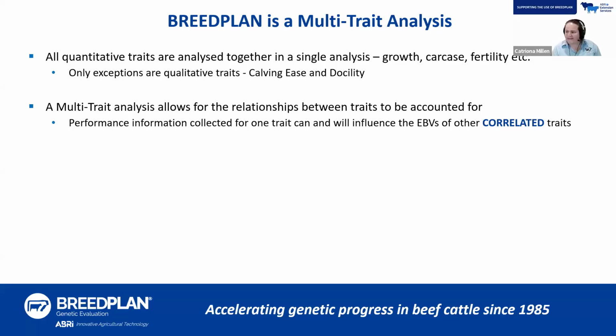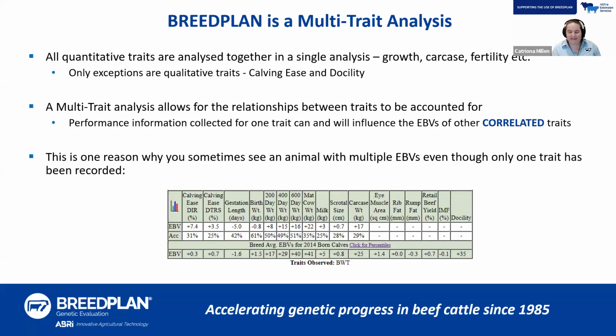And so that means that when you collect performance information for one trait, it can and it will influence the EBVs for other correlated traits. And so that's one reason why sometimes you'll see an animal that has multiple EBVs, even though only one trait has been recorded, because the one trait that's been recorded is providing information for a range of other traits.